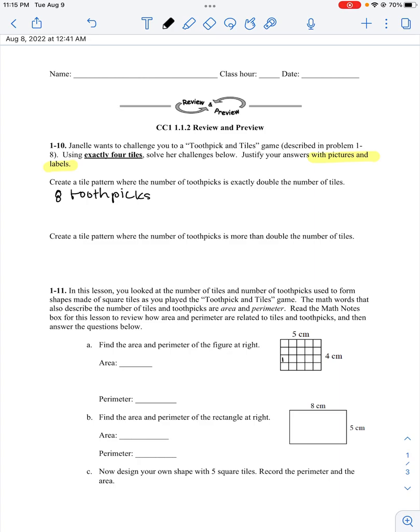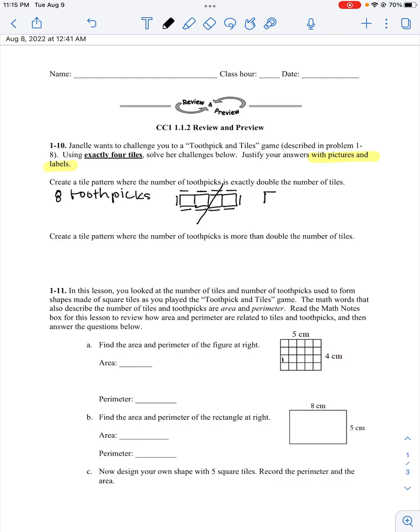Okay, so I'm going to draw 4 tiles in a pattern. And then I'm going to draw my toothpicks around the outside because my tiles are my area. Toothpicks are the perimeter. So 1, 2, 3, 4, 5, 6, 7, 8, 9, 10. I have too many.